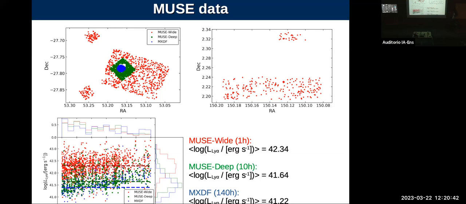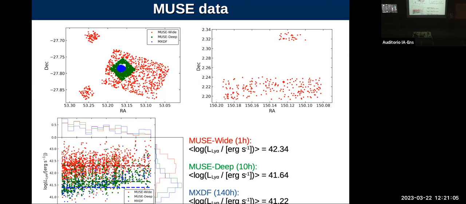You can also see it written here. So you see that MUSE Wide, the widest of all the surveys, detects the brightest Lyman-alpha emitters. Then we go a bit deeper, MUSE Deep, and the Lyman-alpha emitters that we detect are a bit fainter. And then you go to the deepest of all the surveys, MXDF, and the Lyman-alpha emitters that we detect are the faintest of the 3 surveys.